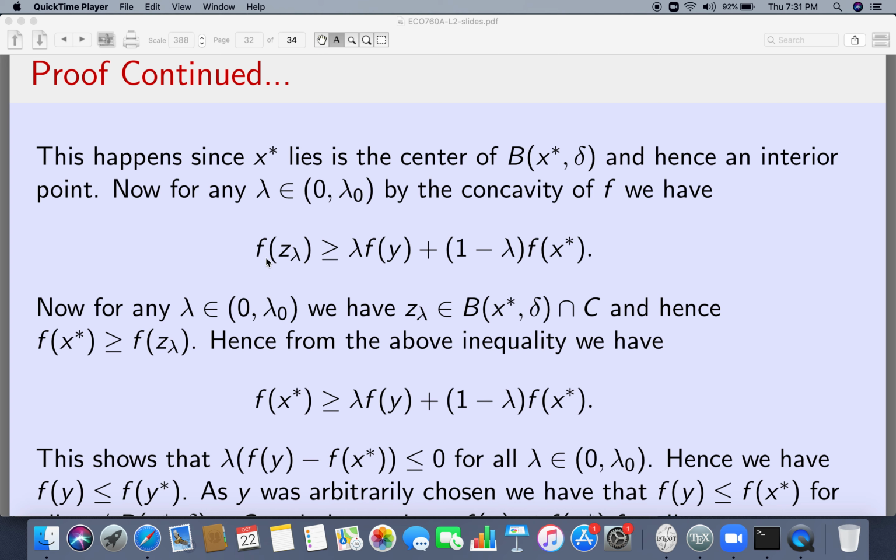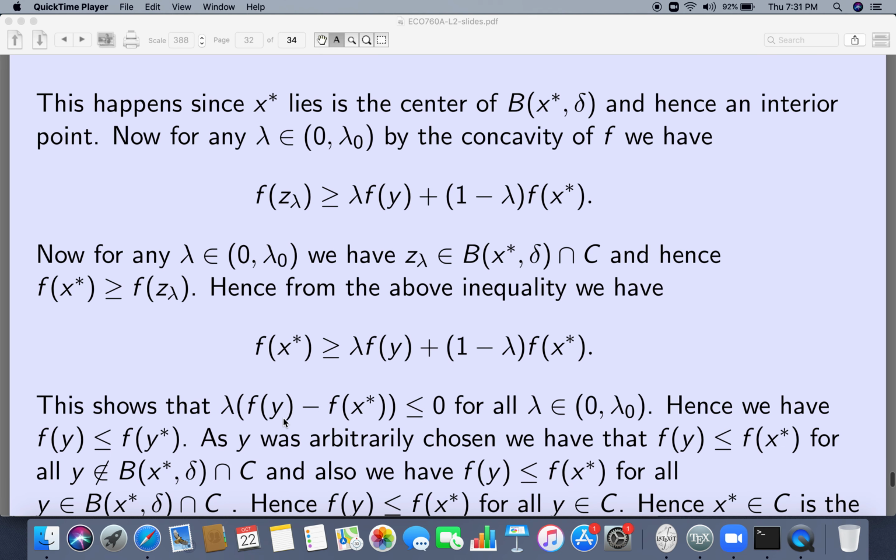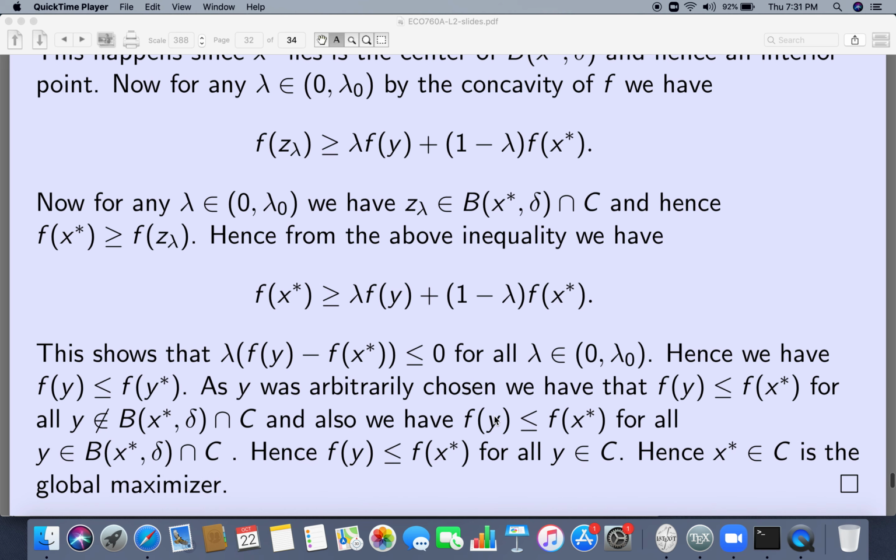From this inequality I will put this to be greater than f(x star), and then I'll cancel out one f(x star) from each side, so I'll have lambda times (f(y) minus f(x star)) less than or equal to 0. But because lambda is strictly greater than 0, I can divide both sides by lambda.